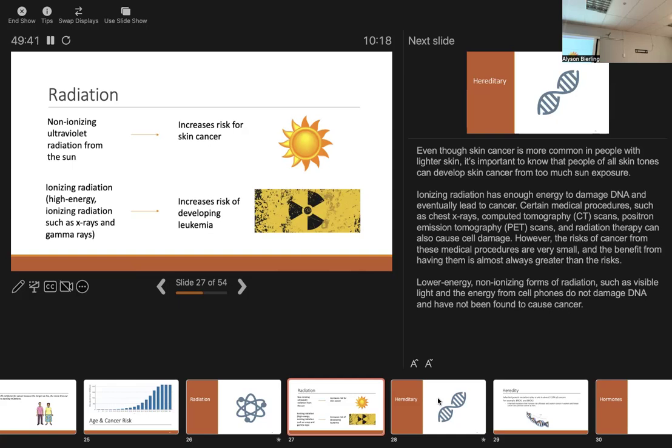But this is why people that work with ionizing radiation, people that work in radiation departments, have to wear equipment to protect themselves, because if they had that exposure every day that they're working, then over time that cumulative exposure to radiation would more significantly contribute to that risk of developing cancer.